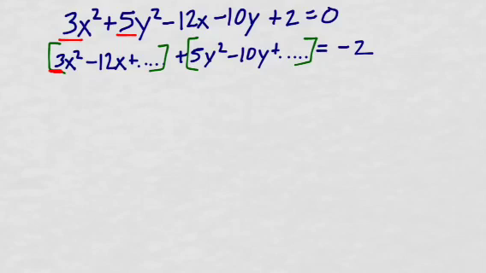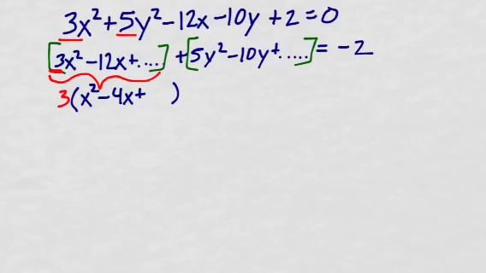But since I'm only going to complete the square involving the x terms, the way I'm going to do that is I'm going to take out a 3 and then what's left over just for those terms. So 3x squared divided by 3 is x squared, and negative 12x divided by 3 is negative 4x. And then I'll put my little space there to add something.